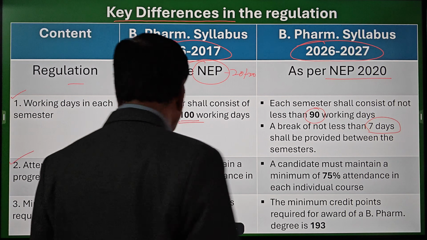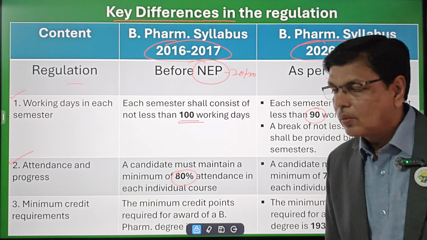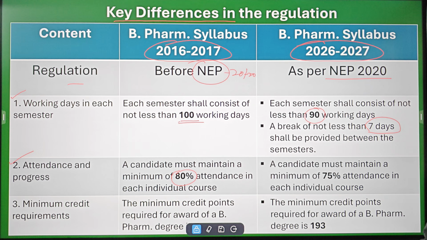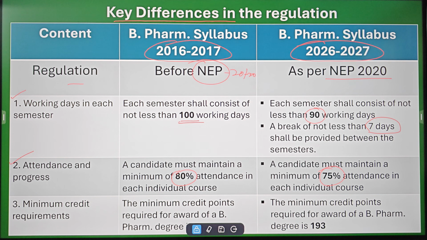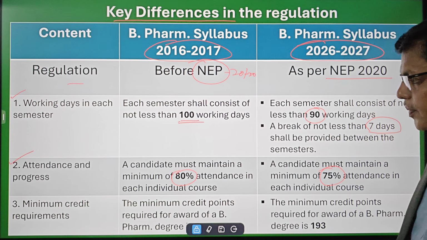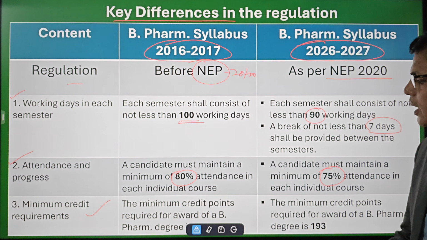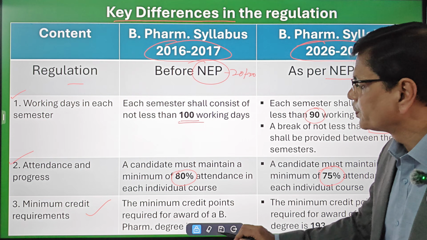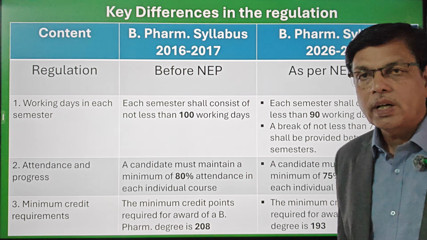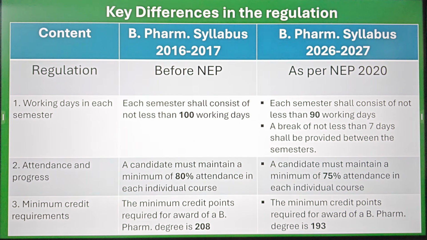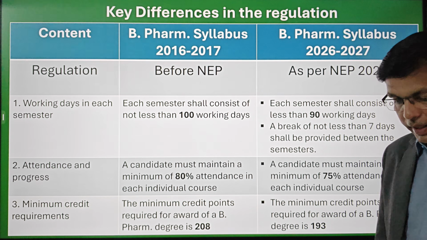It was required to have a minimum 80% of attendance, whereas with respect to the new syllabus it is 75%. Then minimum credit points. Look at the credit points. Earlier we used to have 208 credit points, whereas for this we will have 193 credit points.